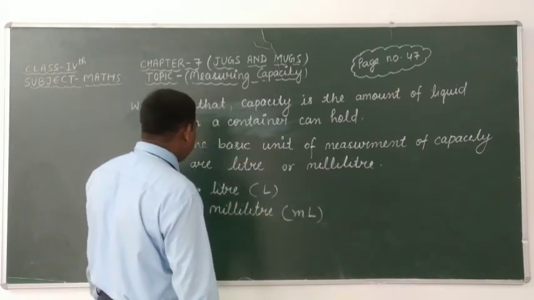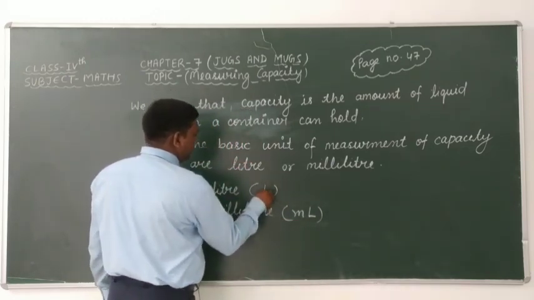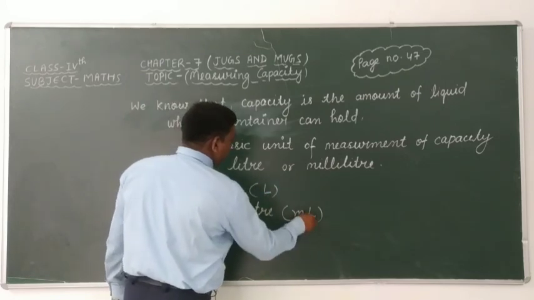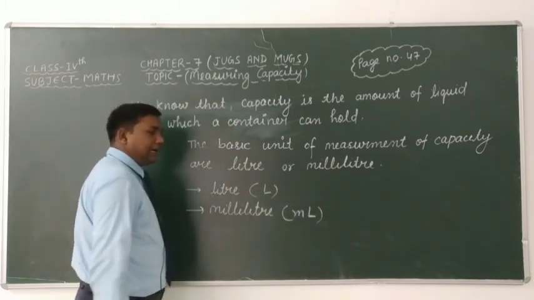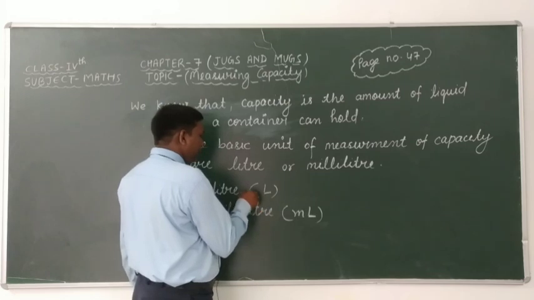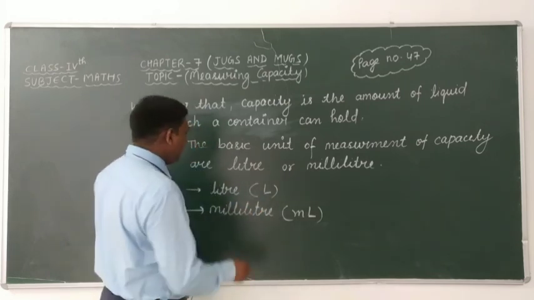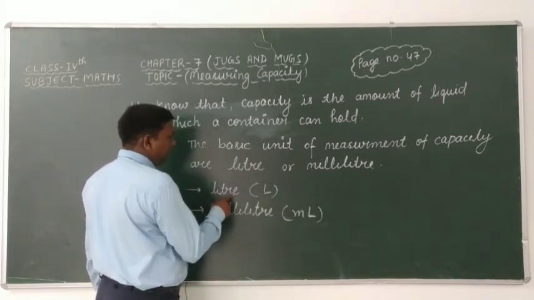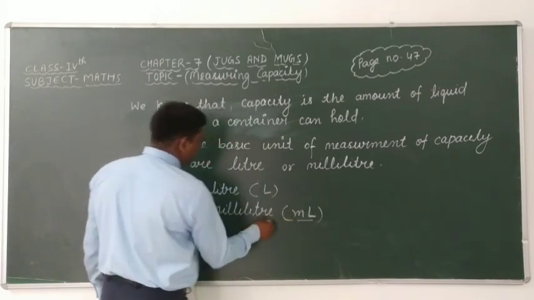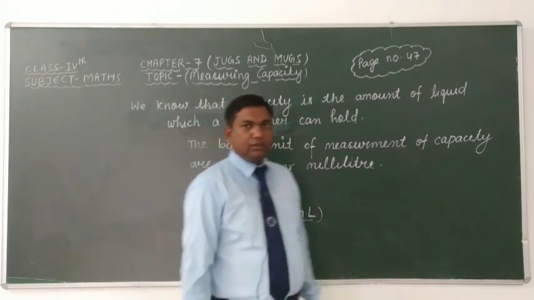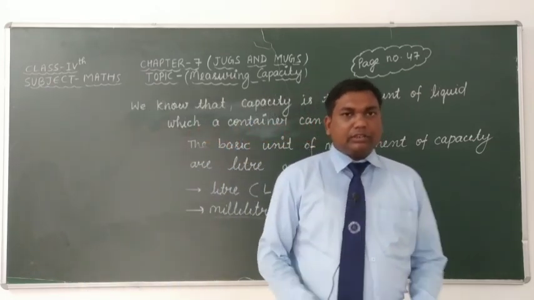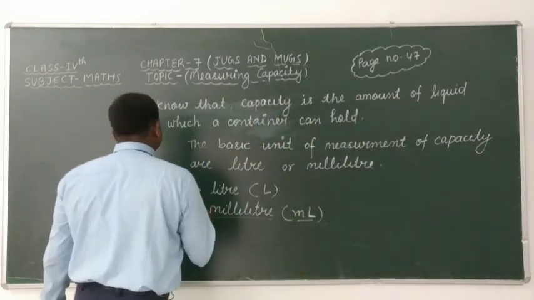Okay students, it means that this is the short form for writing liter and milliliter. We can write L in place of liter and ml in place of milliliter. Now read this.